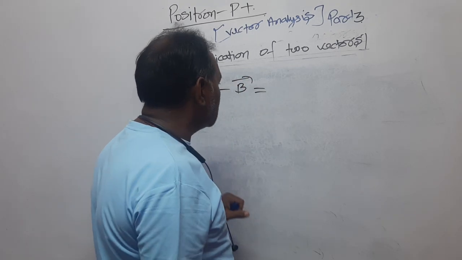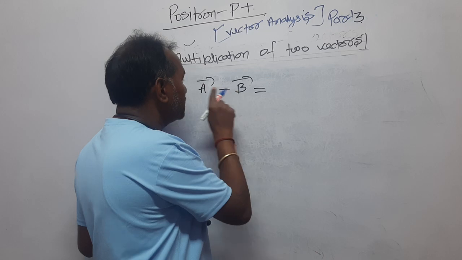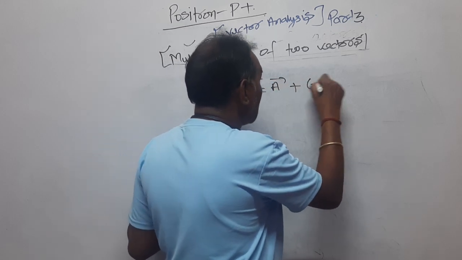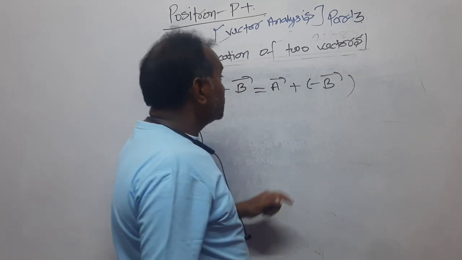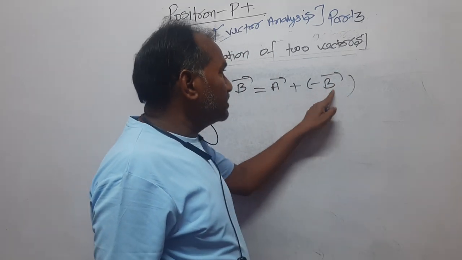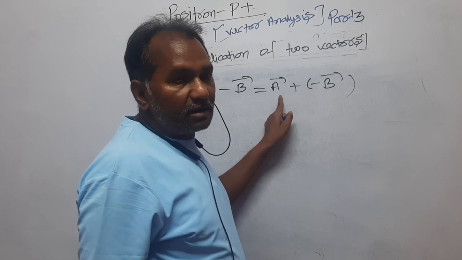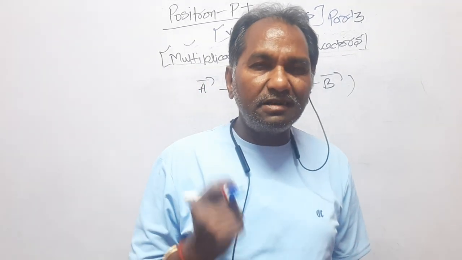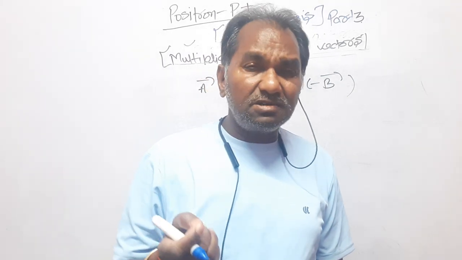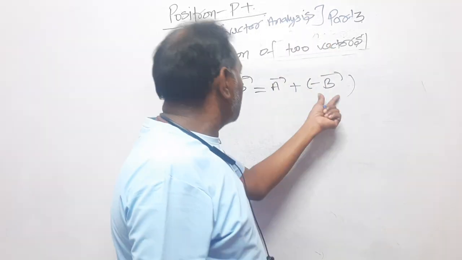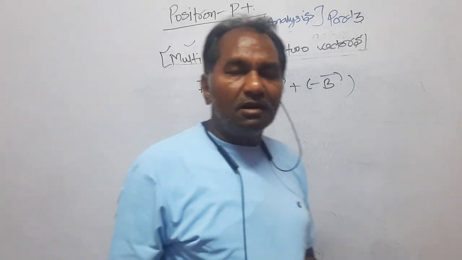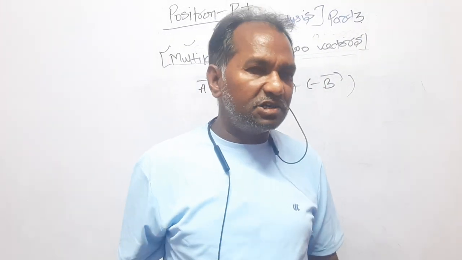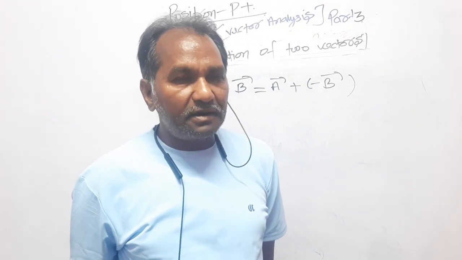A minus B means you are subtracting vector B from vector A. Then you can write it like this: A plus minus vector B means you are adding the opposite vector of vector B to vector A. That is equal to A minus B. Subtracting two vectors means just adding the opposite of one vector to the other vector, right? So subtraction is also a type of addition in vector analysis.